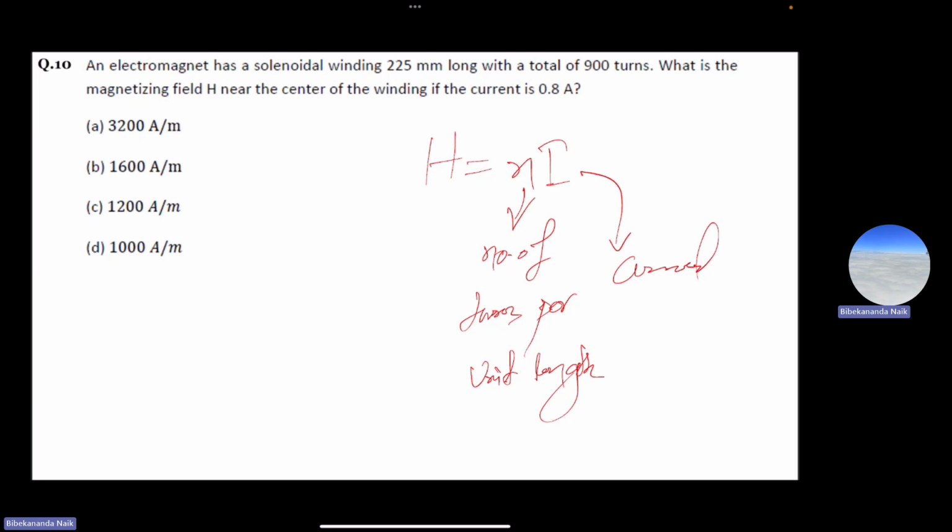Here 900 turns are wound across 225 mm. From that we can calculate the number of turns per unit length, and then if we put the value of current we can easily get the value of the magnetizing field H. I'll give you a few minutes to try this question, and then I will discuss the correct option.